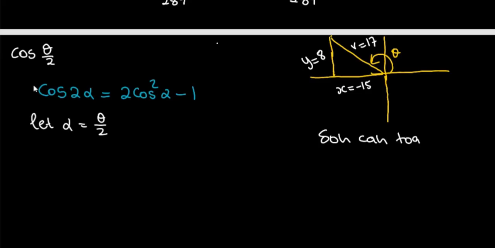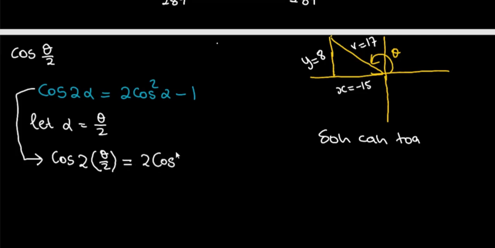So now let's substitute from this equation. Where there's alpha, let us put theta over 2. So this will be the cos of 2 inside the bracket theta over 2, close the bracket, equals 2 cos squared inside the bracket theta over 2, then close this, minus 1.